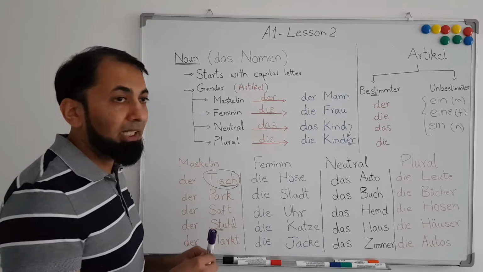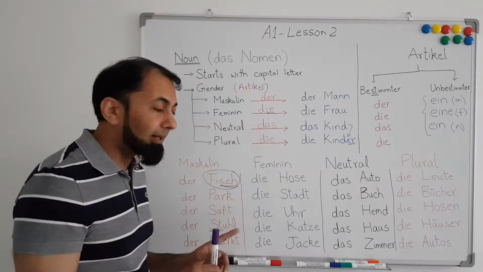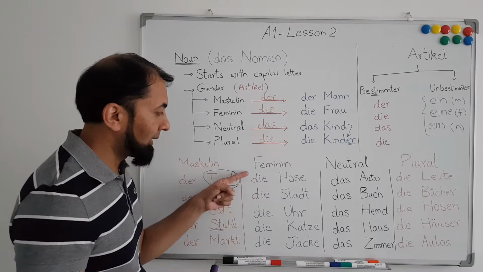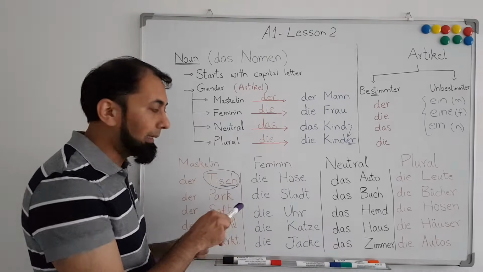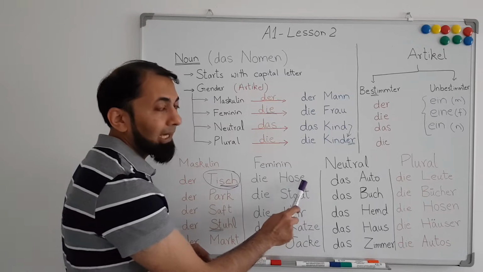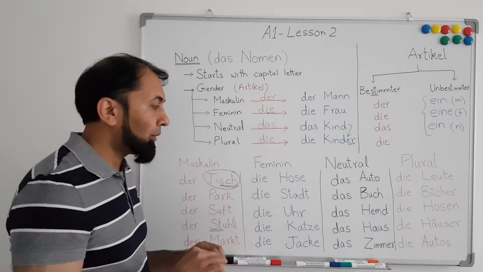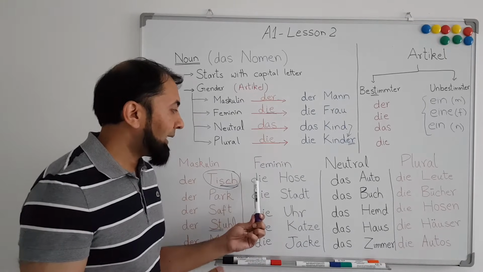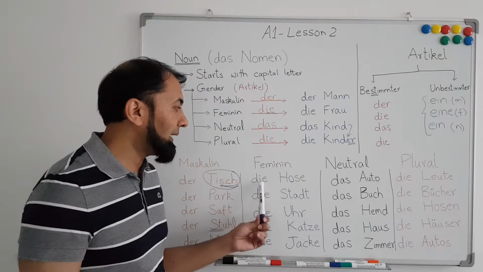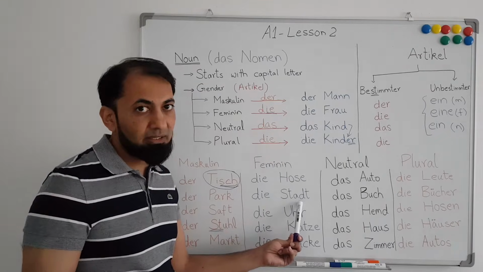Next we come to the feminine nouns, and feminine nouns have the article die. So you see that all the feminine nouns have the article die. So we check first H-O-S-E, Hose. Hose means pants, and Hose in the German language is a feminine noun, so it has the article die. Die Hose. Then we have die Start.